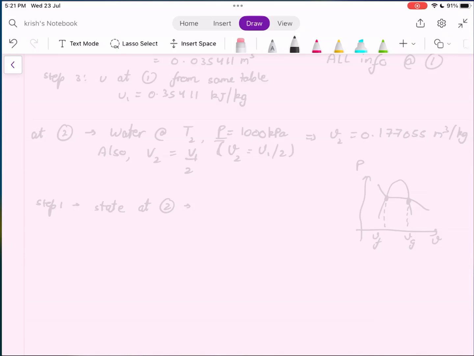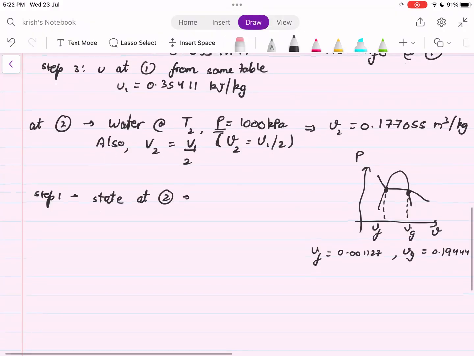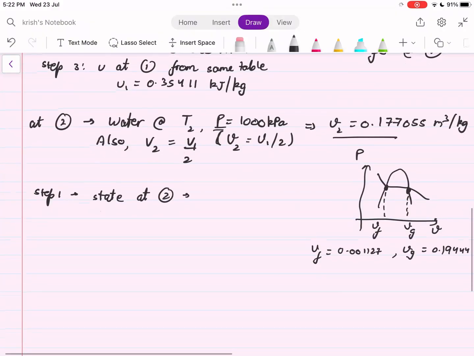VF is this, 0.001127, and VG is this. Our given value of V2 lies somewhere in the middle.